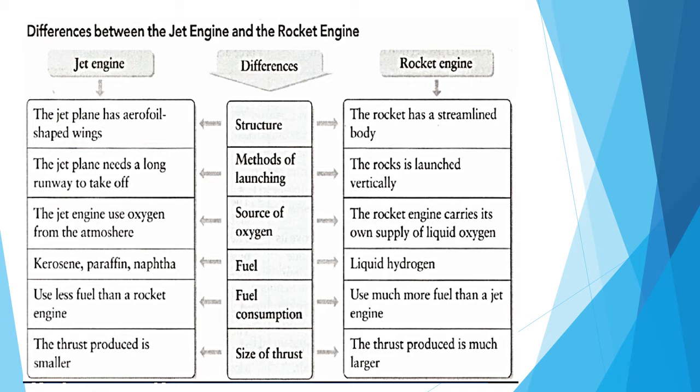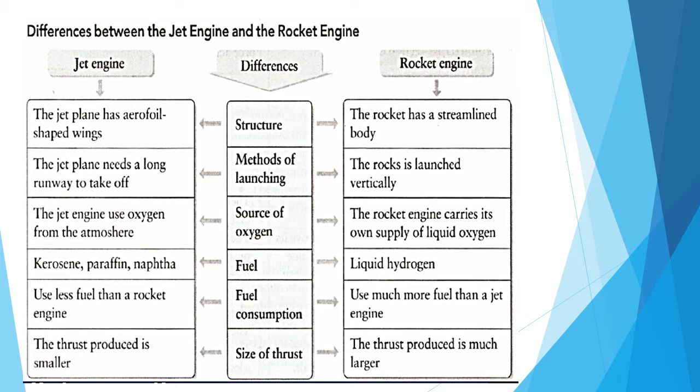The source of oxygen. The jet engine uses oxygen from the atmosphere, but the rocket engine carries its own supply of oxygen. Okay, fuel used. In the jet, they use kerosene, paraffin and naphtha. Whereas in the rocket, they use liquid hydrogen. Okay, fuel consumption.